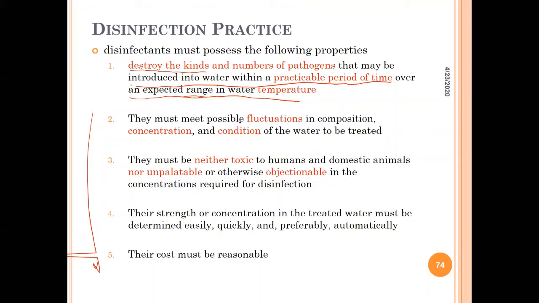And it must meet fluctuations in composition, concentration, and condition in the water to be treated. Sometimes water has higher or lower concentration of microorganisms, or temperature is different, or turbidity is different. Some things are changing, so the disinfectant should be able to meet all of these fluctuations.